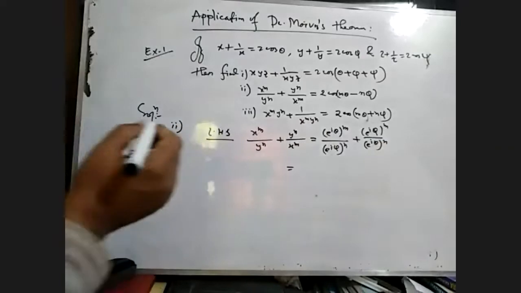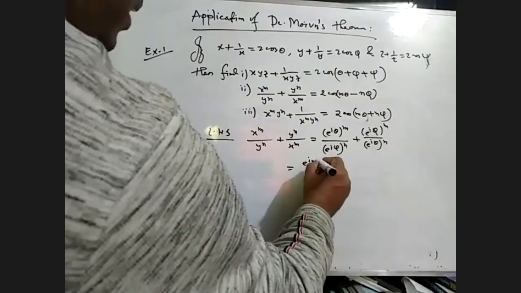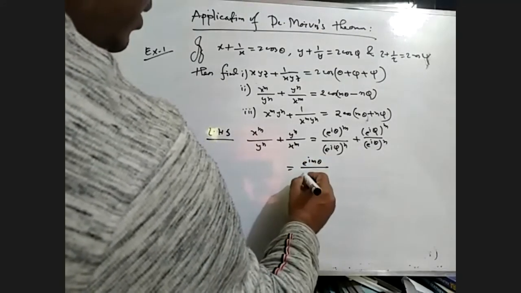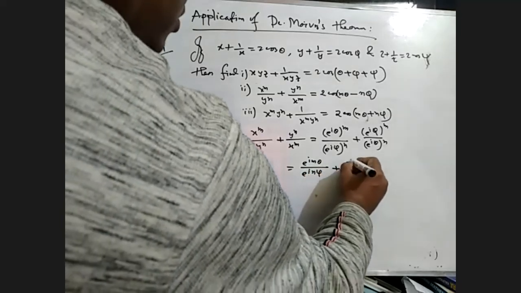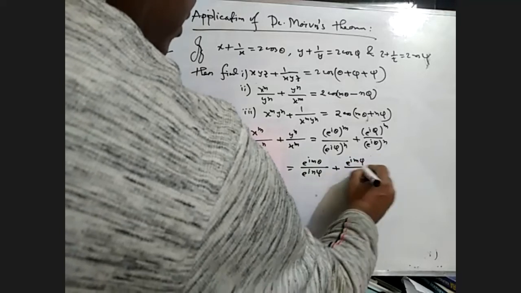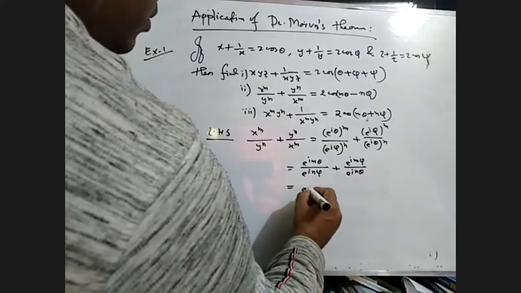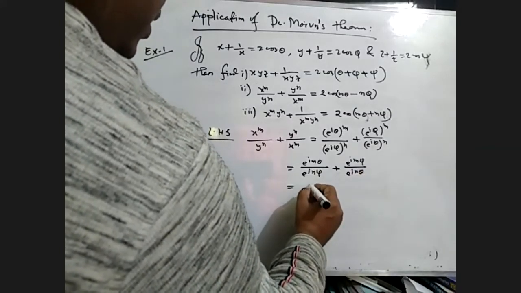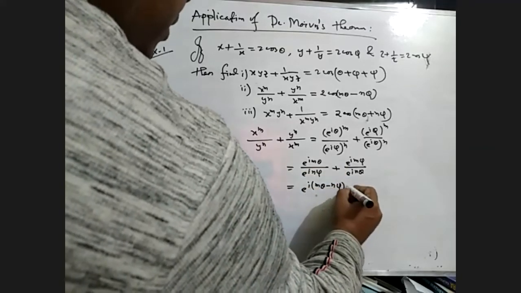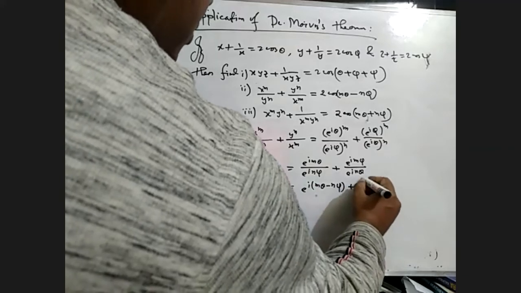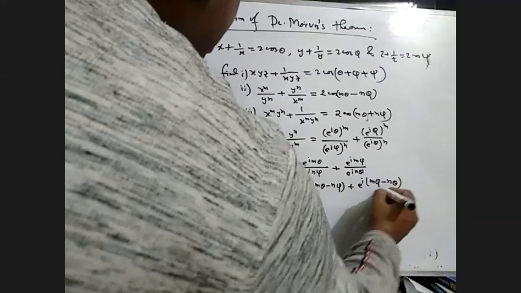Now this can be written as e to the power i m theta divided by e to the power i n phi plus e to the power i n phi divided by e to the power i m theta. What will be e to the power i (m theta minus n phi)?